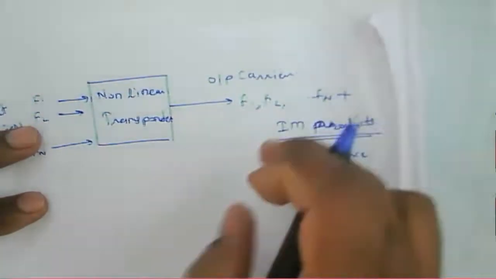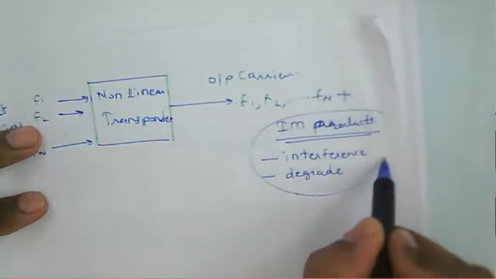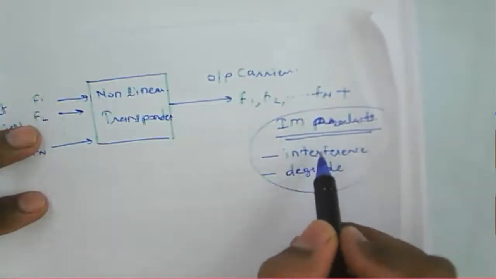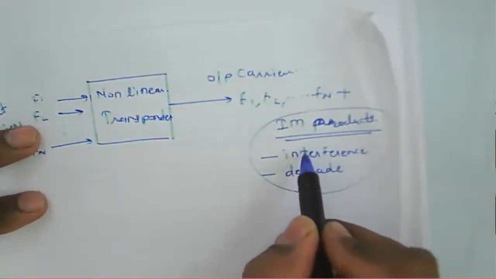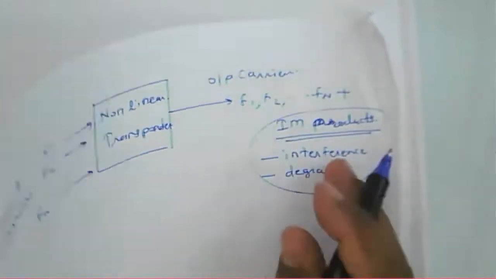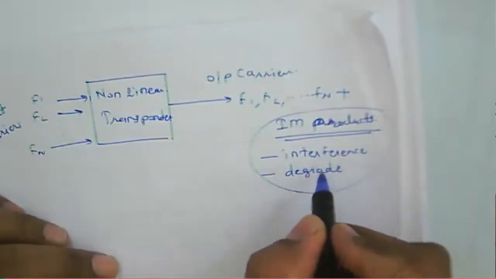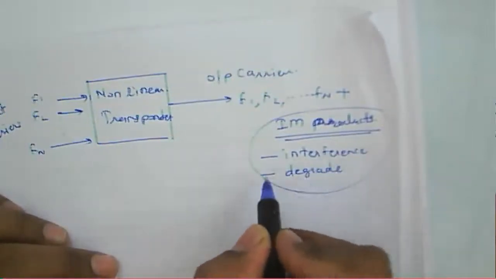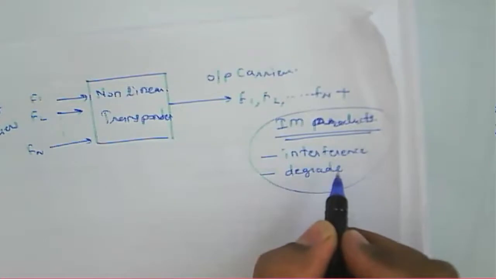That's why these IM products, those that fall within the signal band or operating band, will act as the interference and they will degrade the performance of the channel.